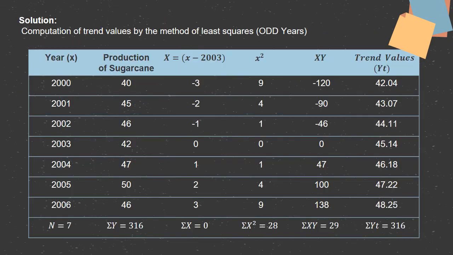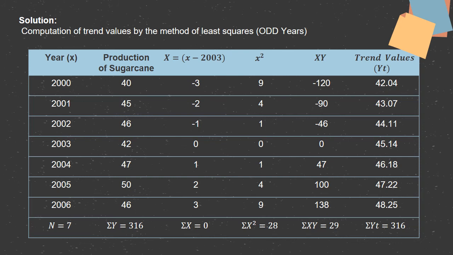Solution: computation of trend values by the method of least squares. For the years 2000 to 2006, we have n = 7. The production of sugarcane, the summation of y, is 316. For x, which is the year minus 2003, we have negative 3, negative 2, negative 1, 0, 1, 2, 3.